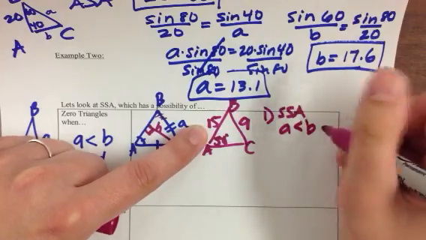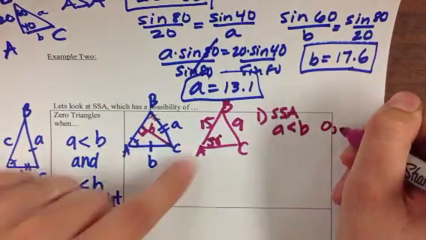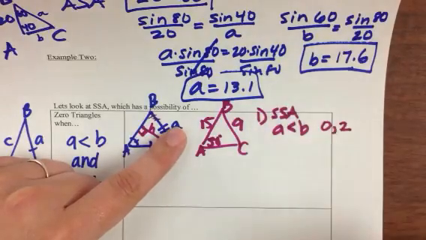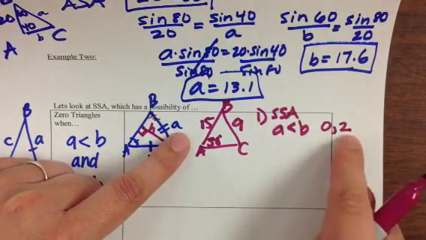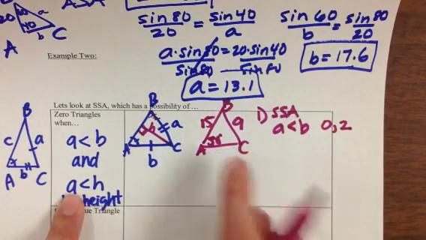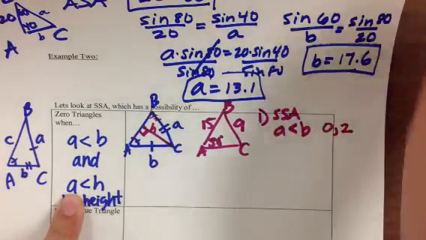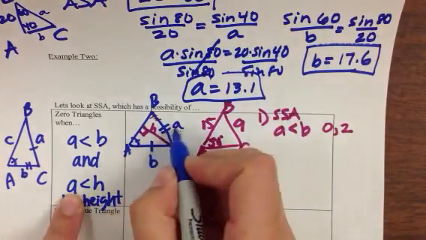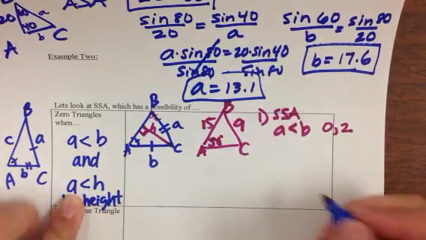So I know then that I'm either going to have 0 triangles, or, as we'll learn in just a minute, this could also mean I have 2 triangles. So we'll learn that in just a second. But if I have 0 or 2 triangles, to tell the difference, I know I have 0 triangles if I solve for the height, and the height is greater than the opposite side from the angle, then I know I don't have a triangle.